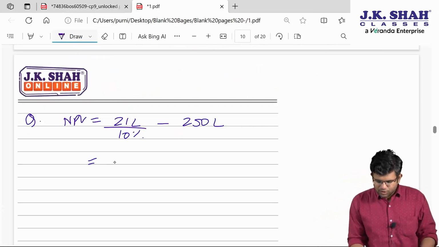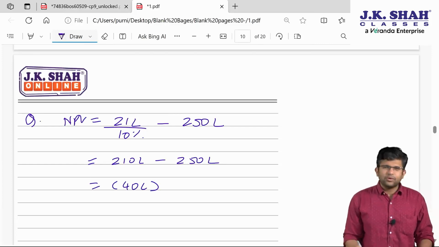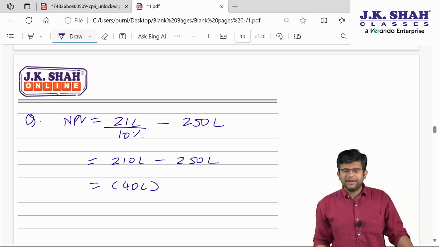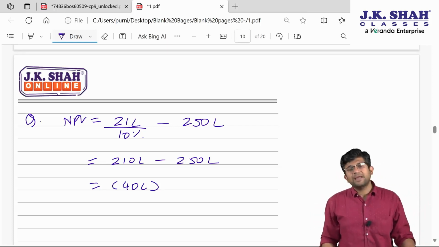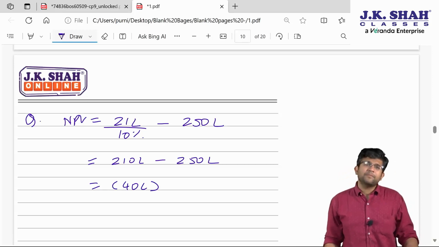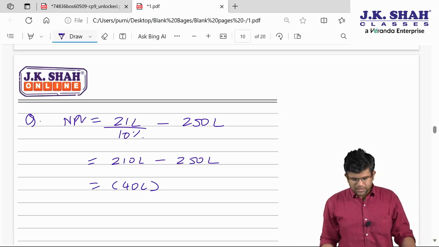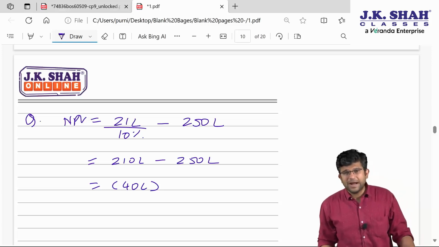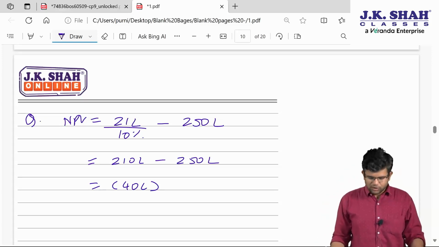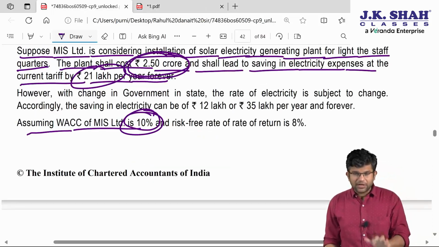So this is 210 lakh minus 250 lakh, negative 40 lakh. Do you realize the project should be rejected? There is no point in going for this, because even if you are saving 21 lakh every year for eternity, the present value of all that you will save is only 210 lakh, whereas you have to pay 250 lakh today. And do you realize it is not worth? The NPV is negative, we will reject it.